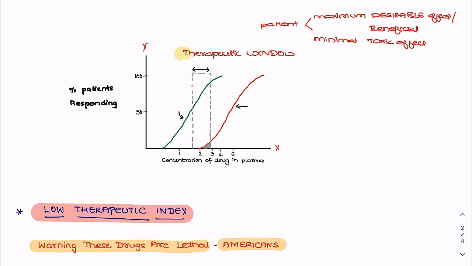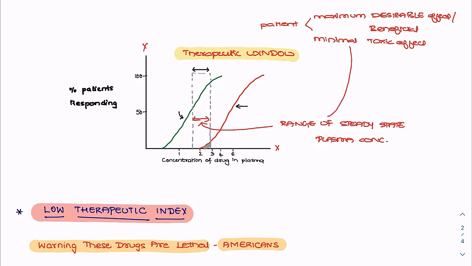Please remember this is the therapeutic window, which tells you about the range of steady state plasma concentration at which the patient will have a maximum desirable effect and the minimal toxic effect.